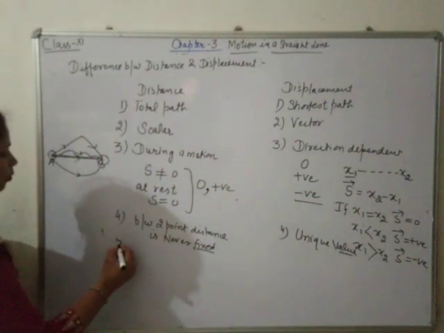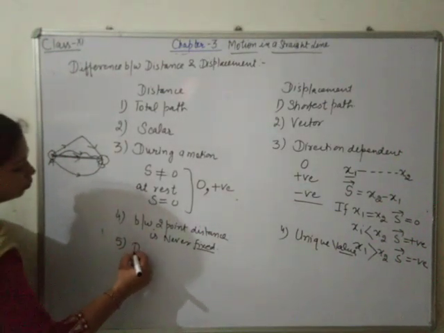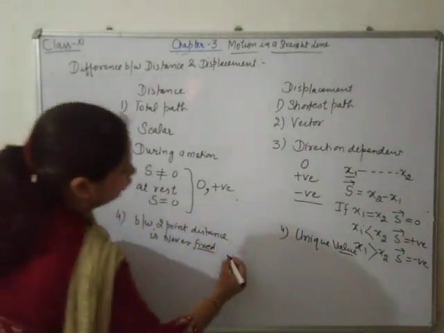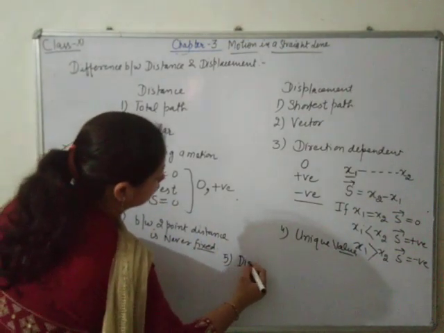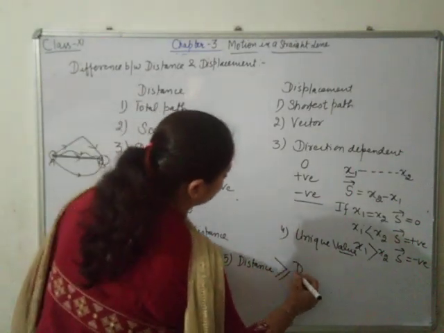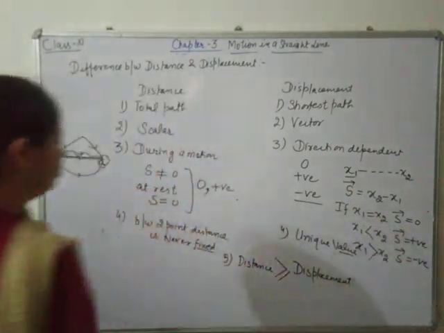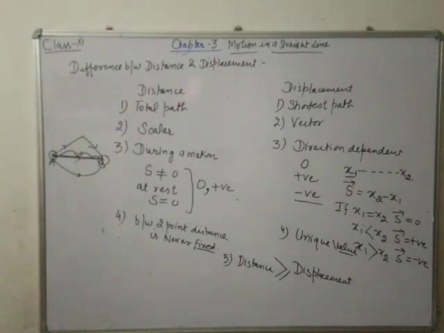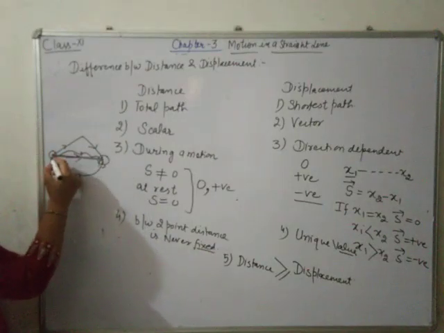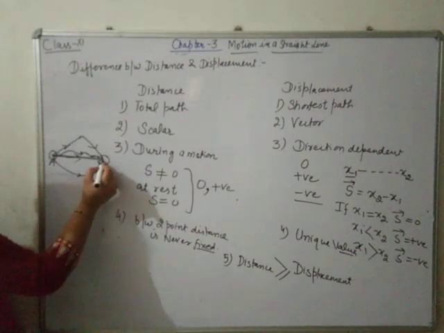Now, distance can be greater than or equal to displacement. Distance can be greater than displacement: as you know, this is our displacement in this situation, but distance is more. In this situation, distance is more.